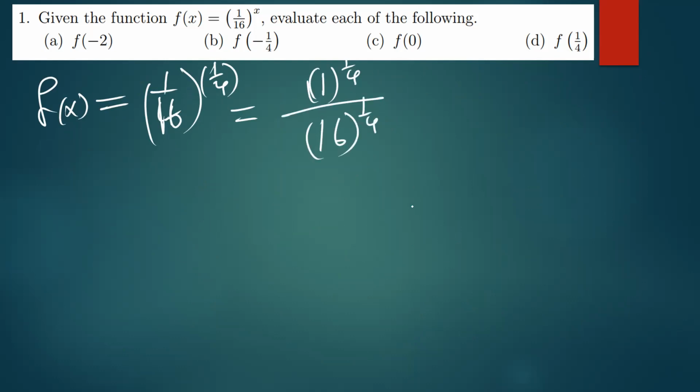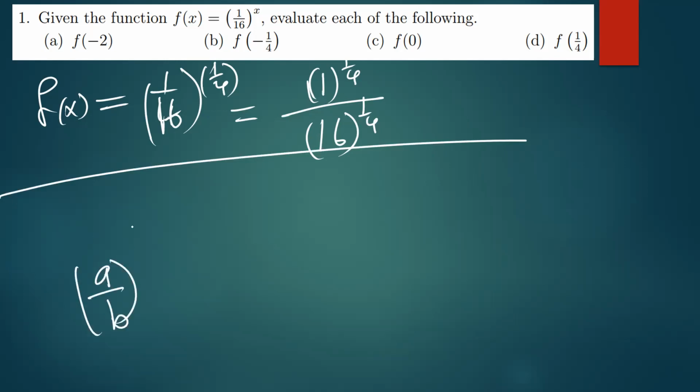What I'm trying to explain is that if you have a fraction a over b raised to any power c, this implies that a will be raised to the power c, and the denominator b will also be raised to that same power c.